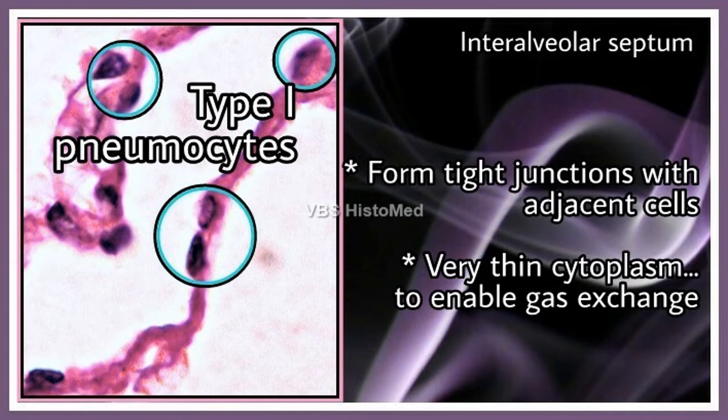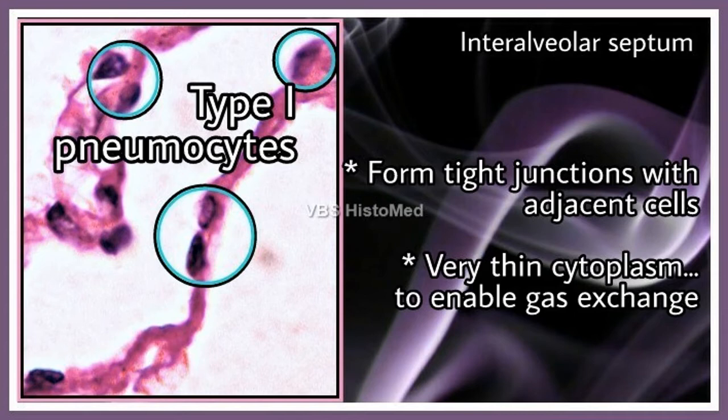Now being very flat, they ensure that they will be the ideal cell in terms of thickness to contribute to the air exchange across the alveolar wall. Those are the terminal type 1 pneumocytes. Very important points.